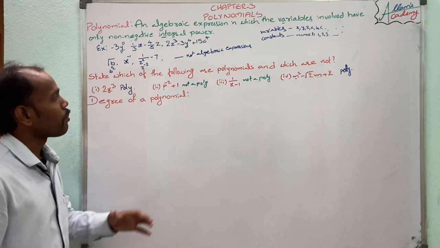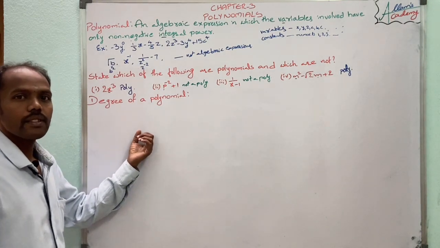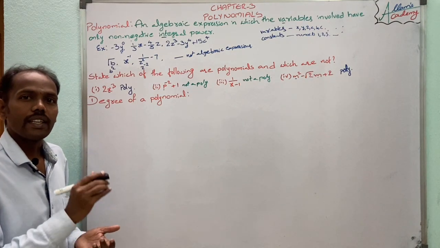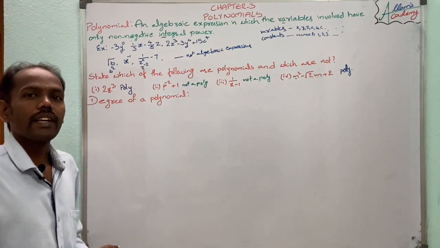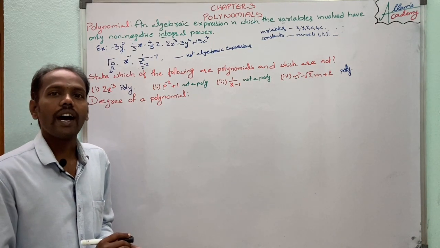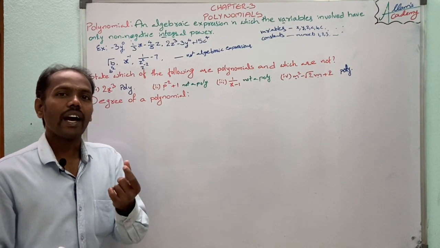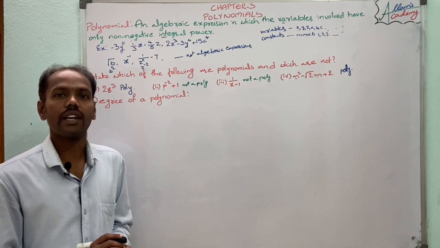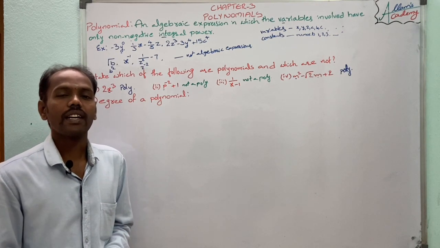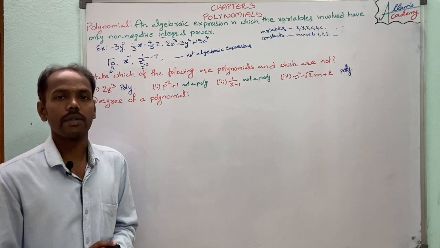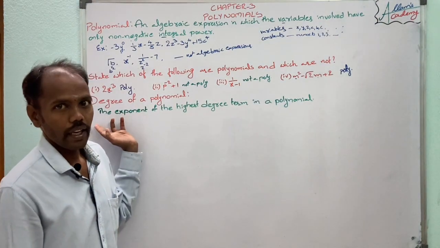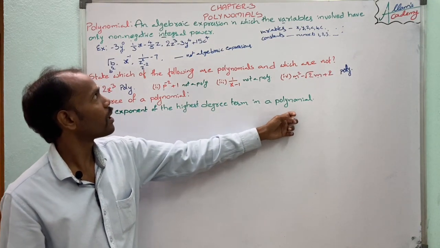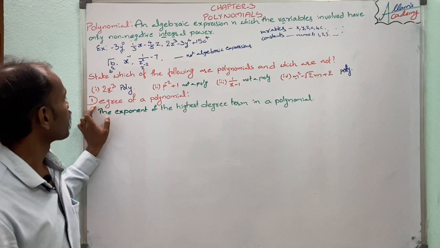A polynomial has some terms. In the terms, each term has an exponent. The highest exponent among the terms of a polynomial is called the degree of the polynomial. The exponent of the highest degree term in a polynomial is called the degree of the polynomial.